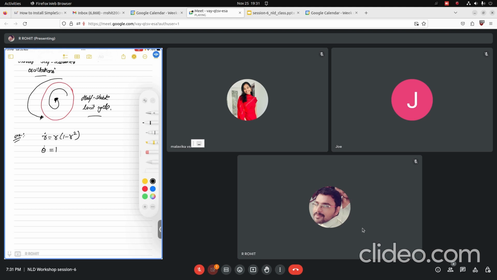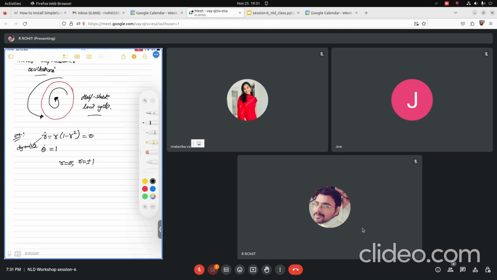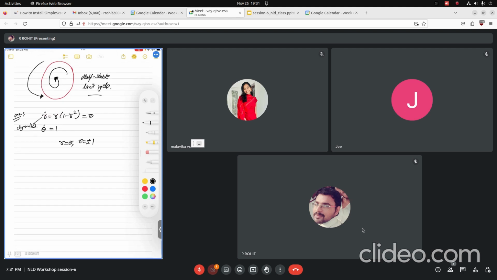Now these are the radial and angular dynamics which we are considering. If you find the fixed points, you can directly say, if you put r dot equal to 0, then at r equal to 0 you have a fixed point, and r equal to plus or minus 1 you have a fixed point. And theta dot equal to 1 means you have a constant angular velocity, so you have a circle.